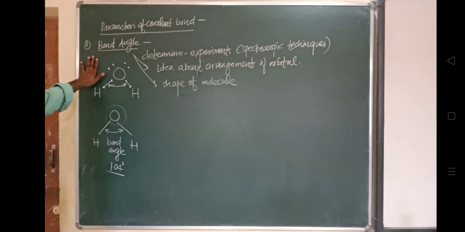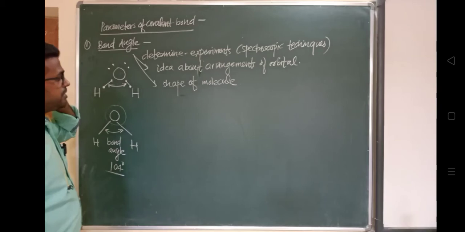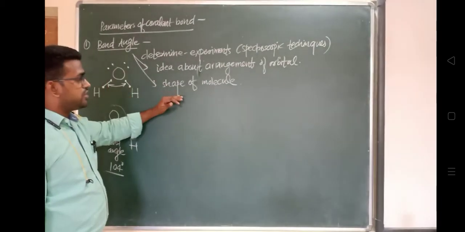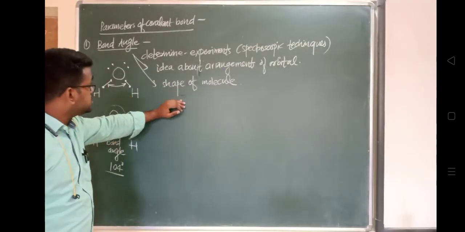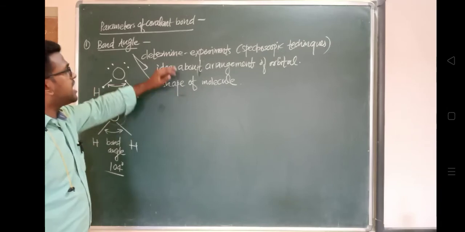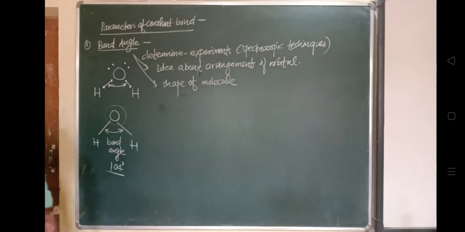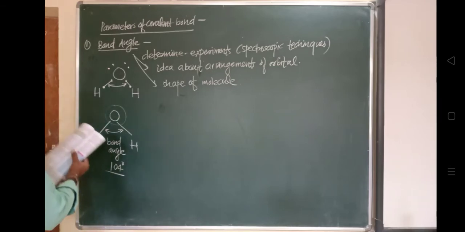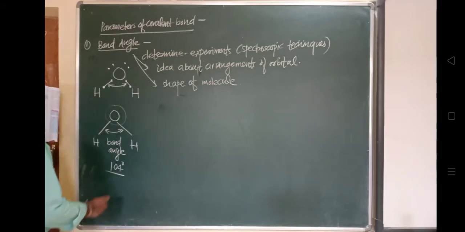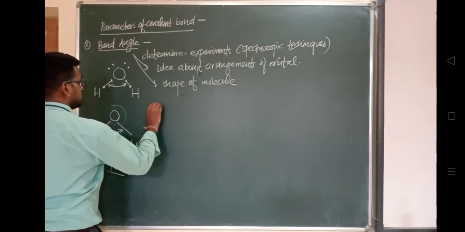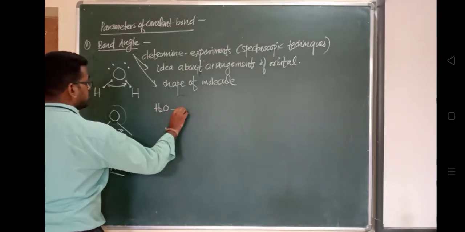If we check the bond angles of some molecules, for the H2O molecule the bond angle is 104 degrees 28 minutes. For NH3, ammonia, it is 107 degrees.